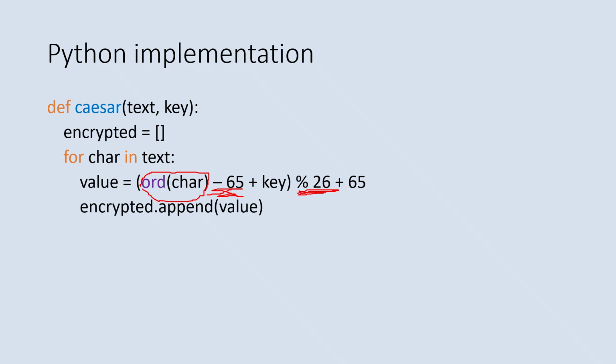All right, so now what we have is a new list of numbers. All of them will be between 65 and 90. Now, right now, we do have a bit of an issue. We can't handle any spaces or special characters. These are only capital letters that this code will work with right now. We could modify this and say, if there's a space, we maintain the spaces in the traditional sense.